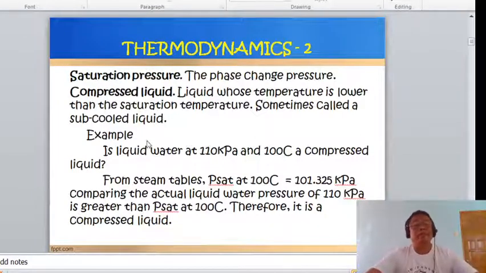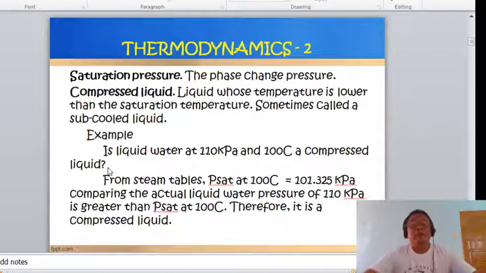For example, is liquid water at 110 kilopascal and 100 degrees Celsius a compressed liquid? That is the question. Is the given water a compressed liquid? Use the steam table.